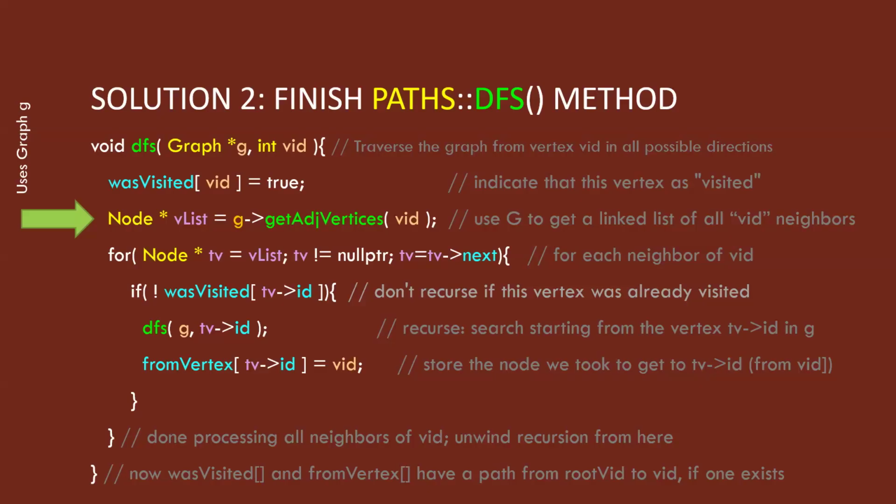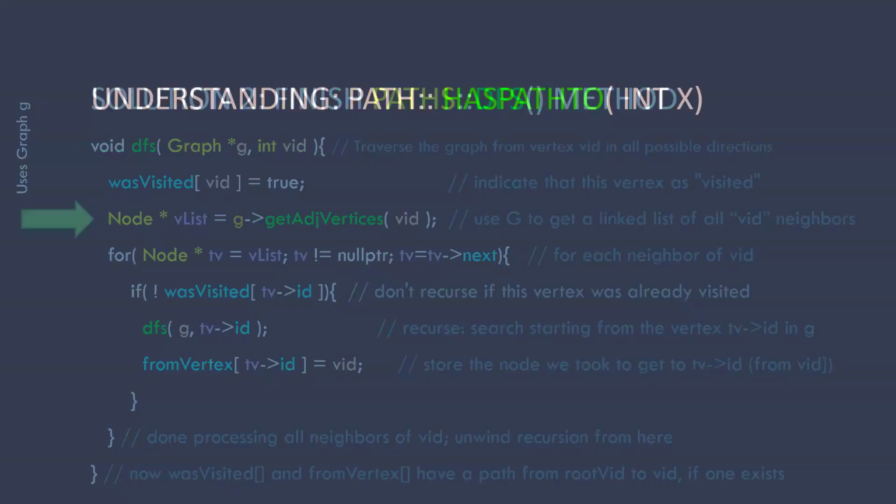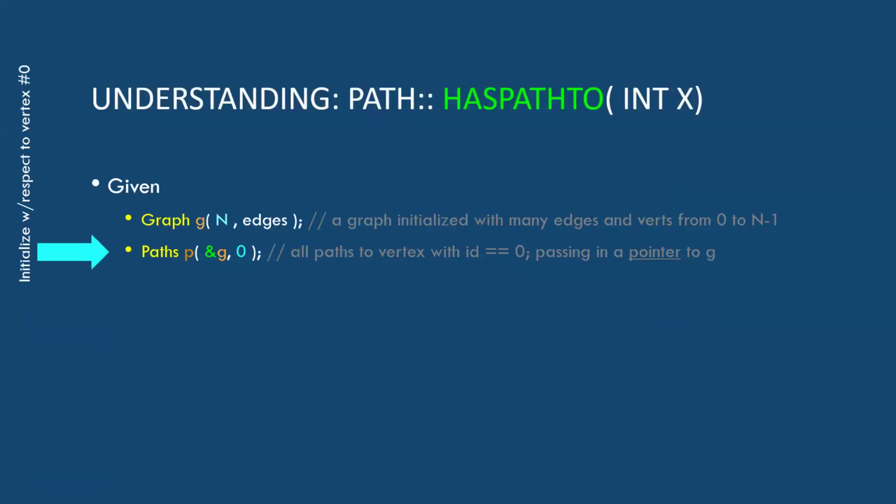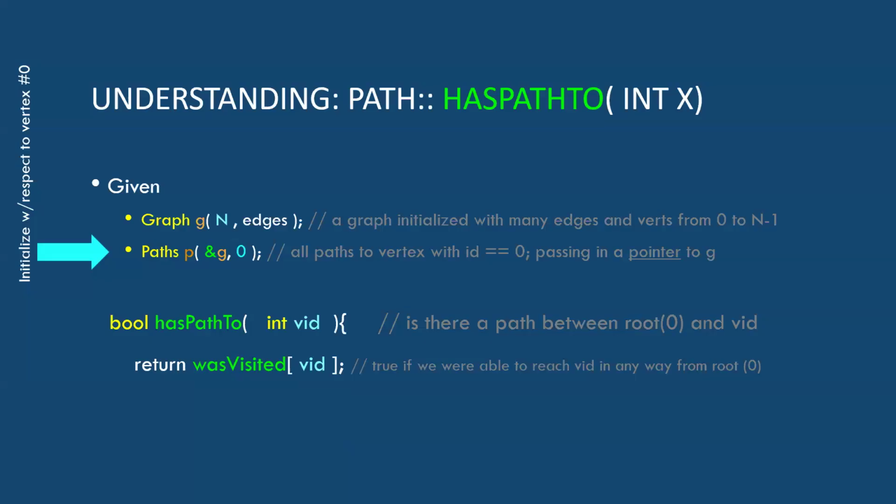Questions before we move off that? Okay, so hang on, we're two-thirds of the way through. Just remember, has path to is really just returning whether we visited that. If we got to that thing, then we know it has a path.